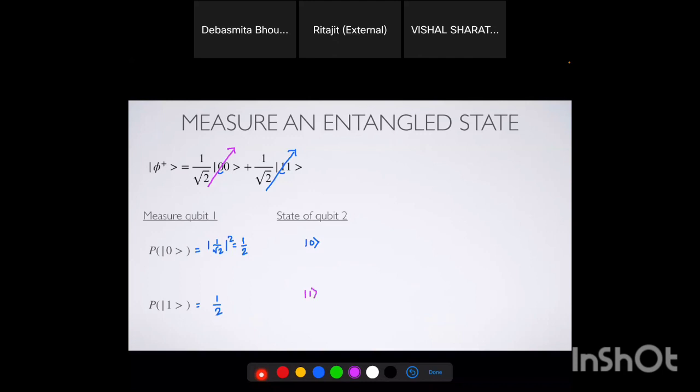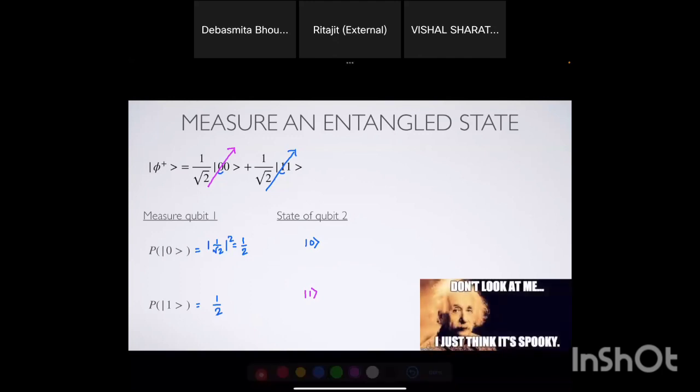So think about it, how beautiful, or how confusing, how spooky this is, that we are at a distance, we can be anywhere in the world, anywhere in the universe. We have these entangled qubits. You did nothing to your qubit. I am not communicating with you. I just measure my qubit, your qubit collapsed.